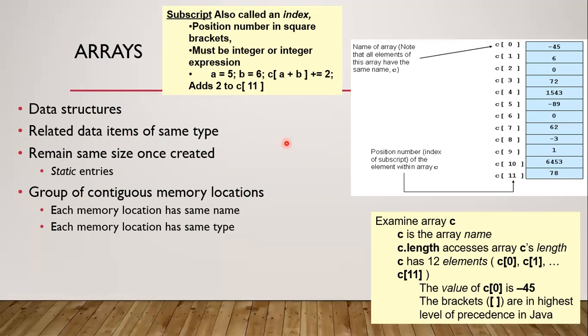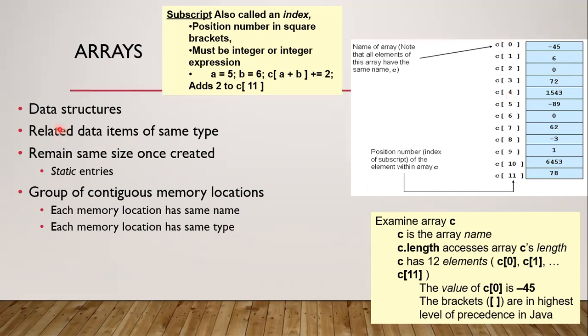So an array is a pre-built data structure. The only constraint and limitation on the array is that all the data values stored in an array are of the same type, which is the type of the array. So when we declare an array of one type, all the values stored in that array will be of that type.